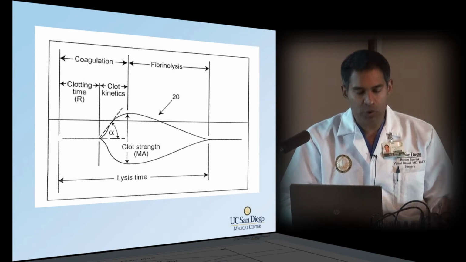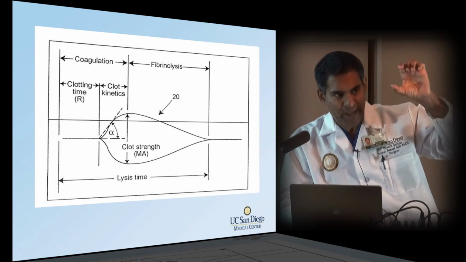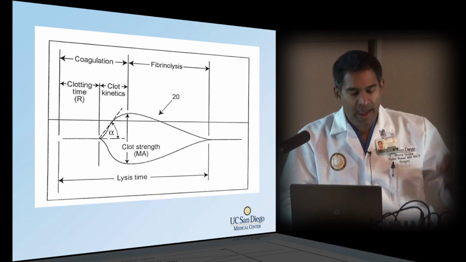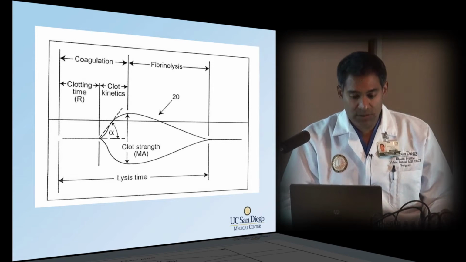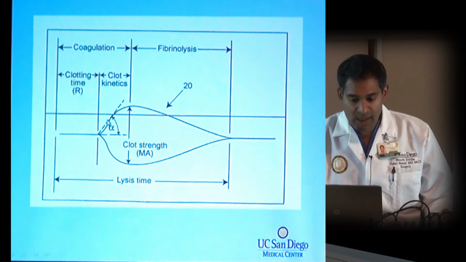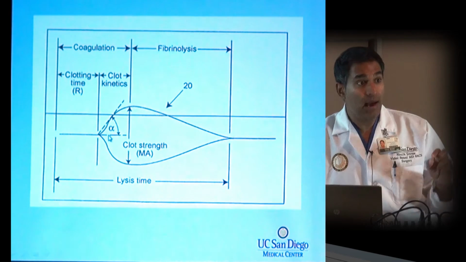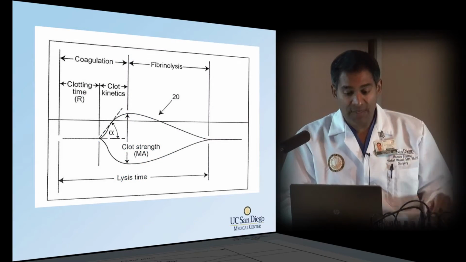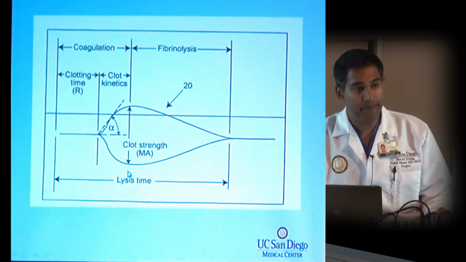As we start to get this double-branched curve, it can be very steep or it can be very long and narrow. That's called the angle, and the angle is very important as well. Then, however wide it gets, that's called the MA, or the maximal amplitude, and that's clot strength.